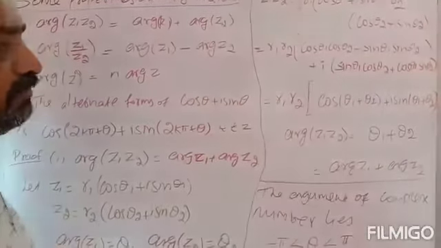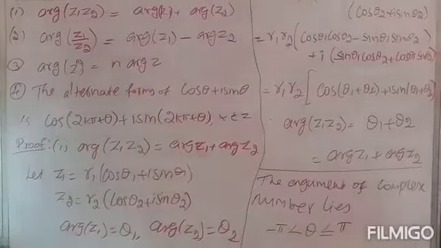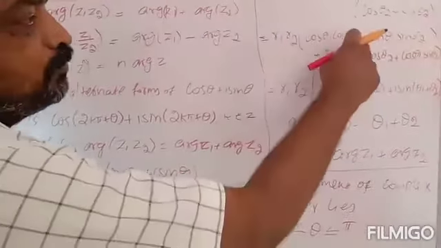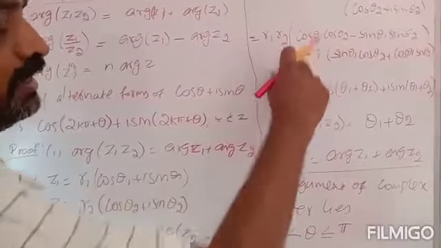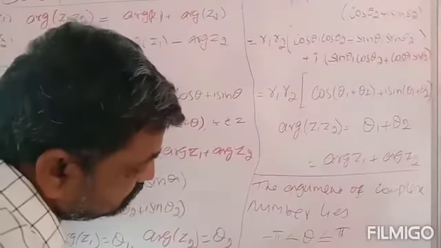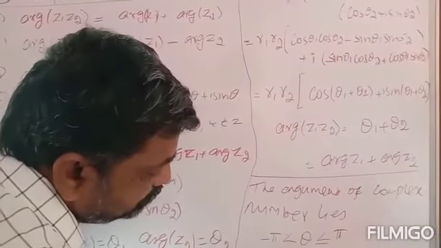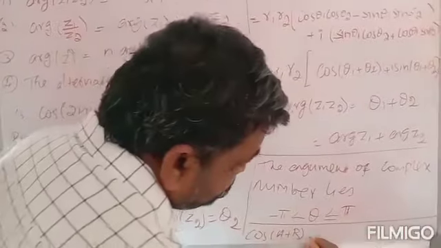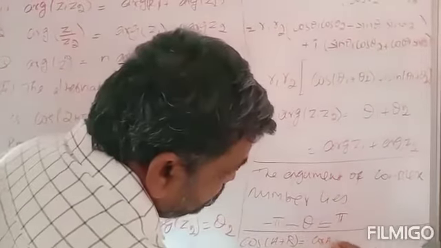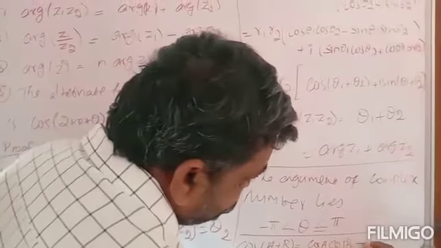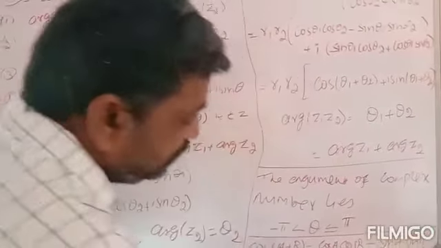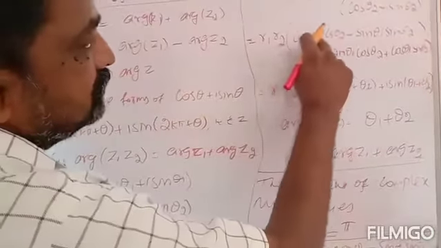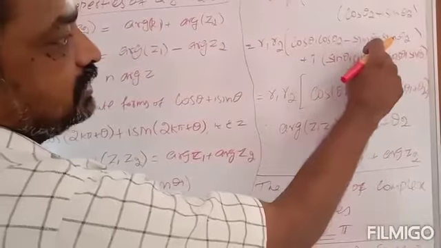Now prove the first one: arg of z1 into z2 equals arg of z1 plus arg of z2. Let z1 equal r1 into cos theta 1 plus i sin theta 1, and z2 equal r2 into cos theta 2 plus i sin theta 2. Now arg of z1 is theta 1 and arg of z2 is theta 2. Then z1 into z2 equals r1 cos theta 1 plus i sin theta 1 into r2 cos theta 2 plus i sin theta 2.